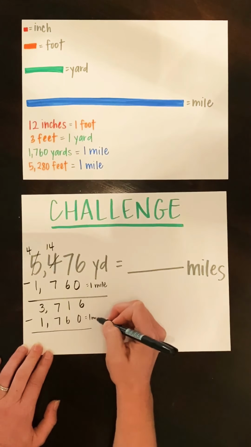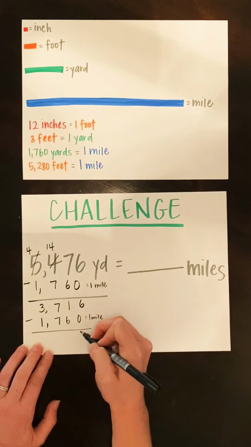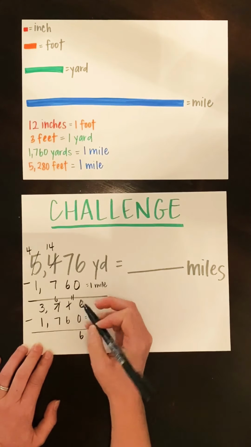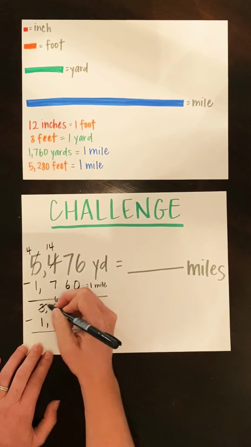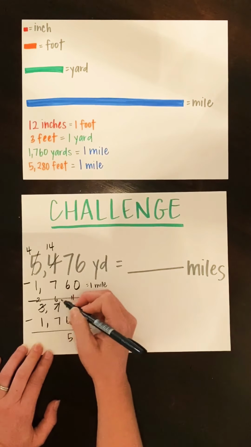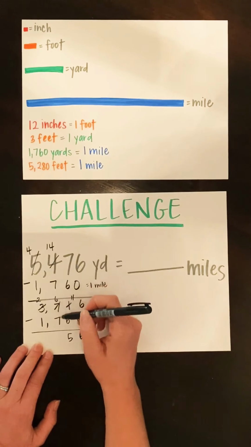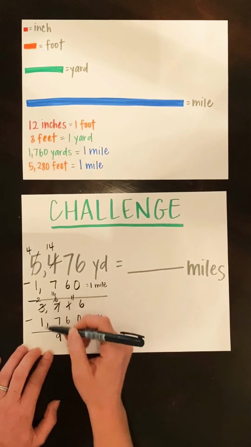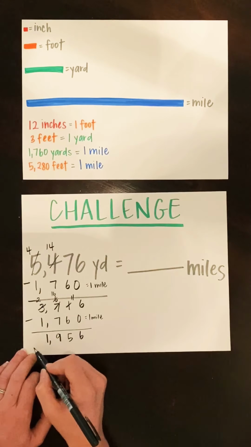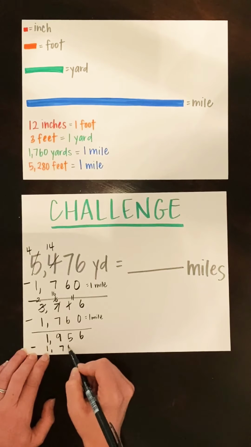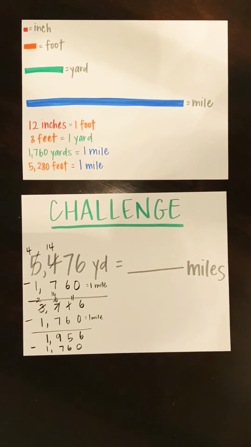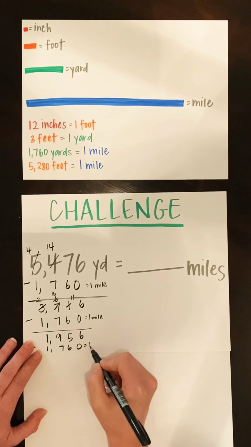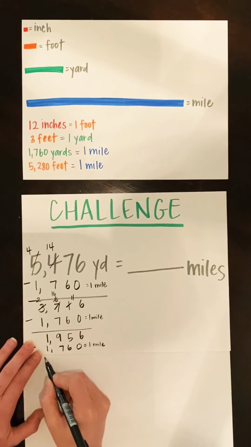So that's 1 mile. Okay, and I can subtract another mile. Might run out of room here. I'm going to add another sheet of paper under here. So I've got another mile that I'm subtracting.